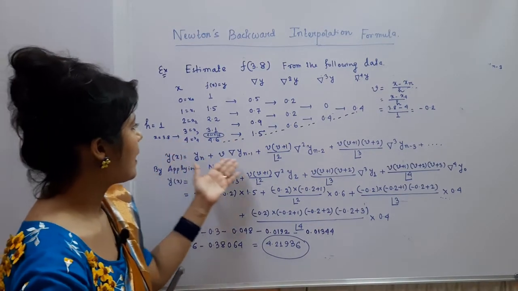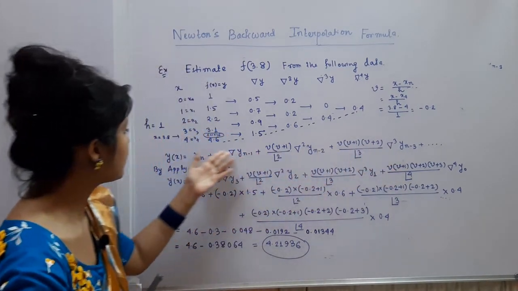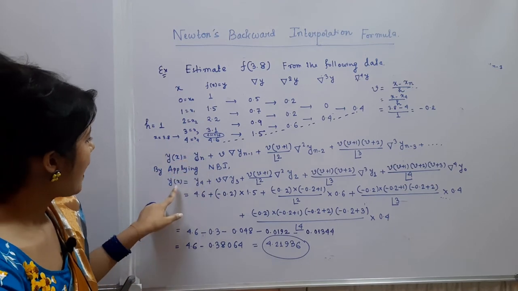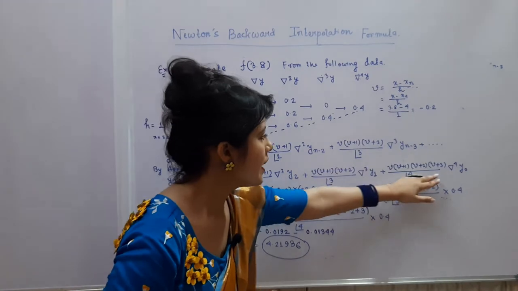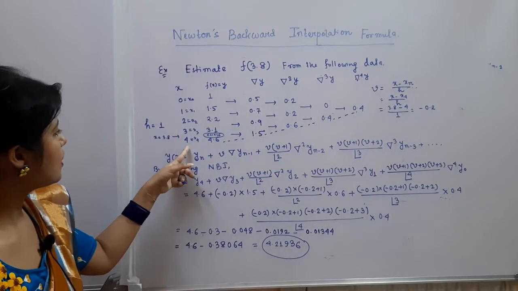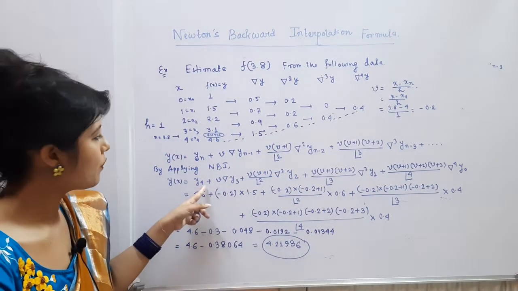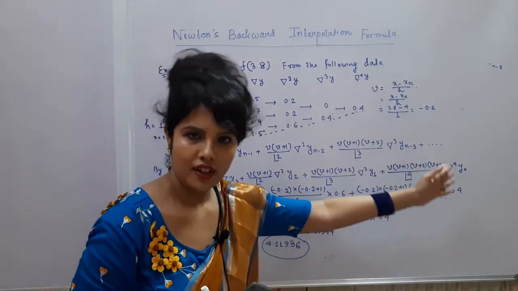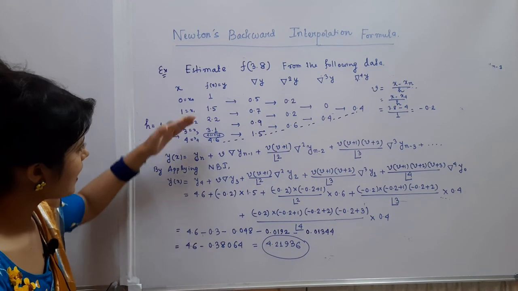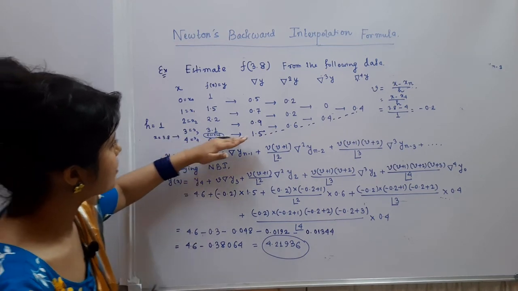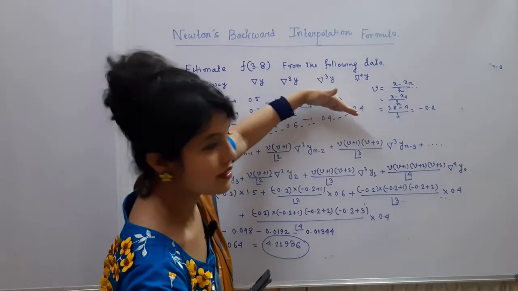And now I have written the general form of Newton's backward interpolation, and then I have written the formula for this problem, that is here n is equal to 4. So it starts from y4, then y3, y2, y1 and finally y0. So therefore I have substituted the values of this, because you need these values.